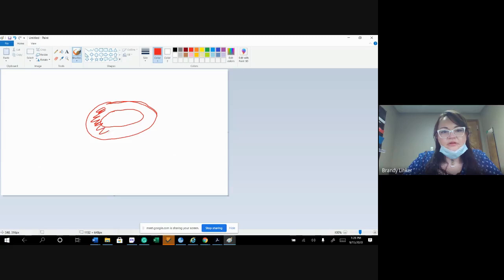And the outside will be darker, and the inside will be kind of paler. Okay. When you look at a red blood cell from the side, it's going to look like this. Kind of like a barbell.